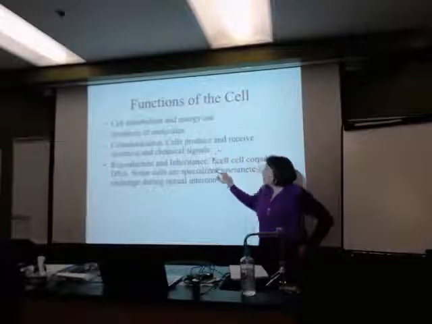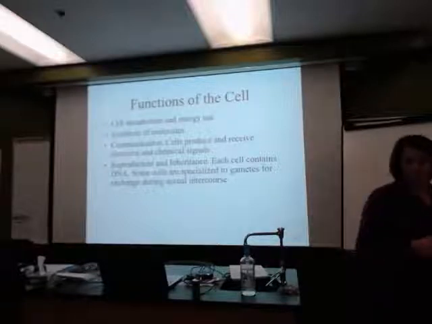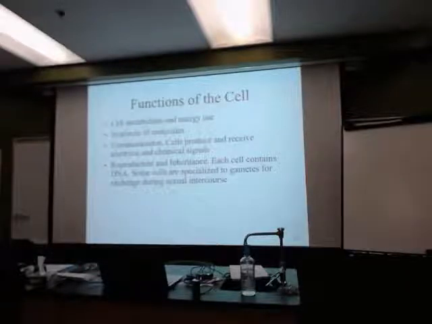The cells have to be able to communicate. Cells need to be able to communicate within themselves, and they need to be able to communicate with other cells that are around them, other chemicals that might be around them.